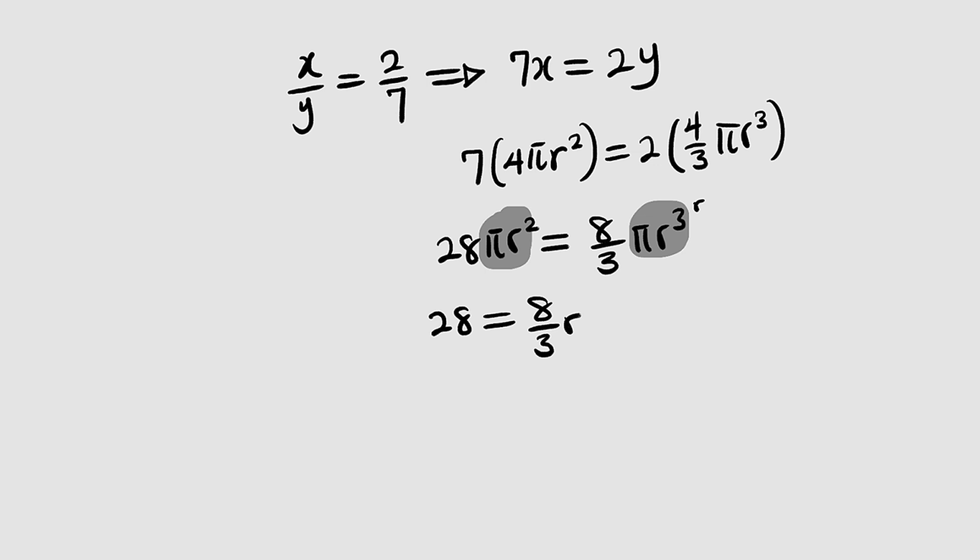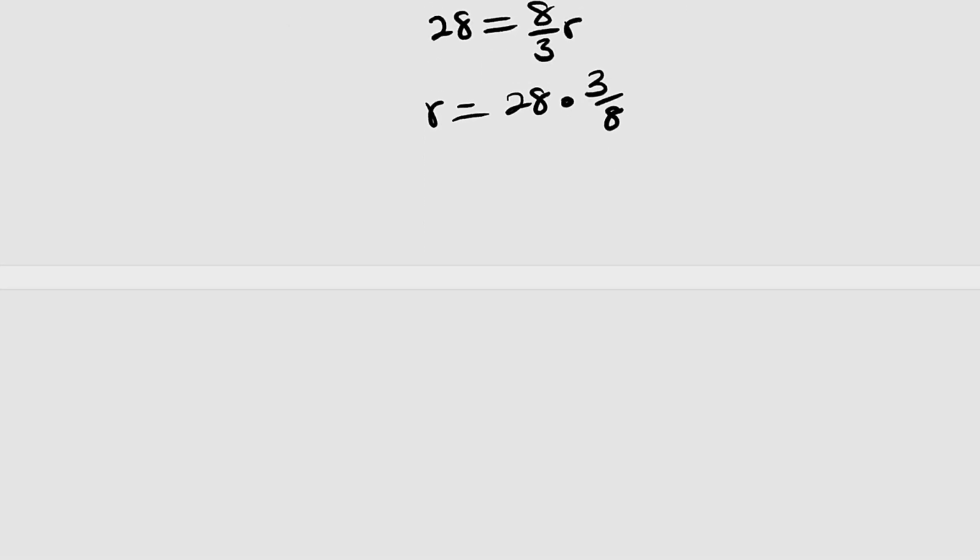Let us find the value of r by multiplying both sides by the reciprocal of 8 divided by 3. Therefore, r is equal to 28 multiplied by 3 divided by 8. 28 multiplied by 3 is equal to 84. And if you divide that by 8, you're going to obtain 10.5. Therefore, r is equal to 10.5.